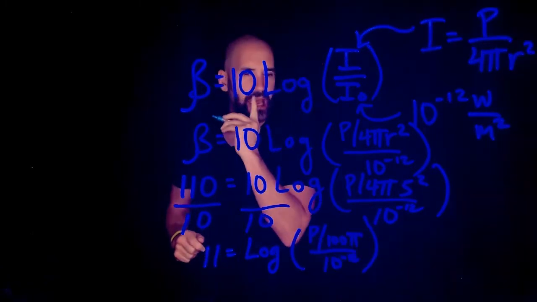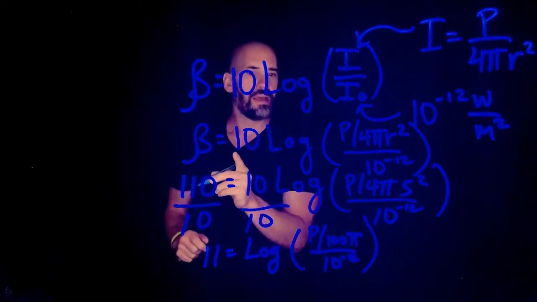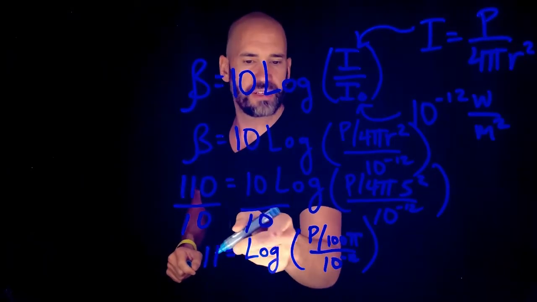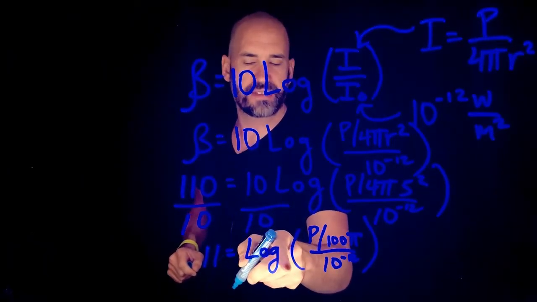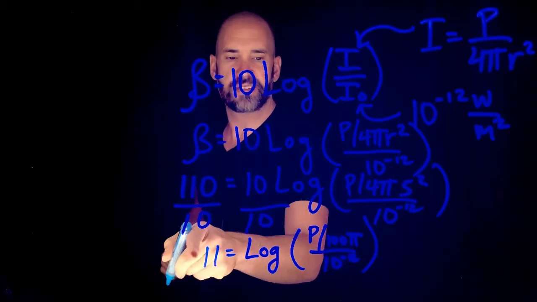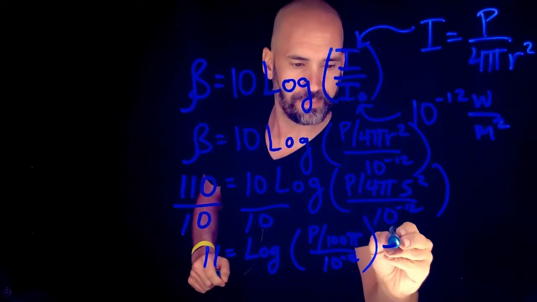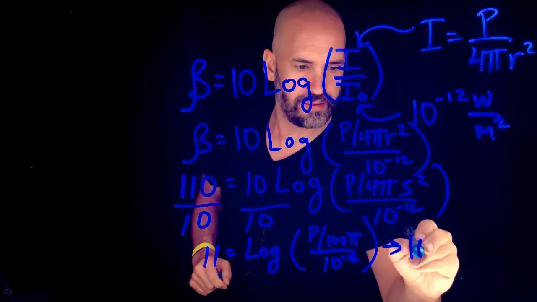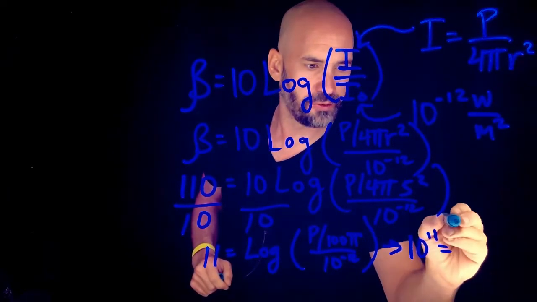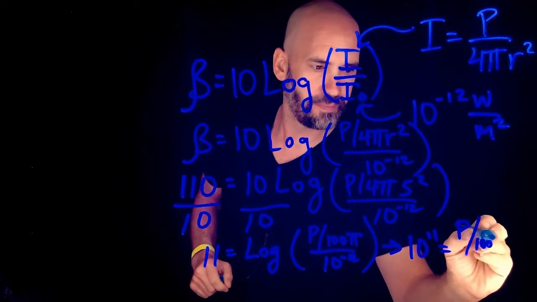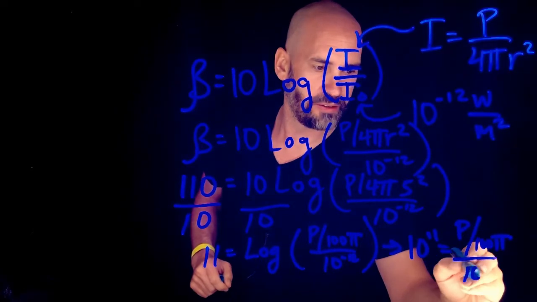And you probably remember that there's this little rule that in order to get rid of a log, you take the base of the log, put it to this exponent, and set it equal to this. That would become 10 to the 11 equals P over 100 pi over 10 to the minus 12.